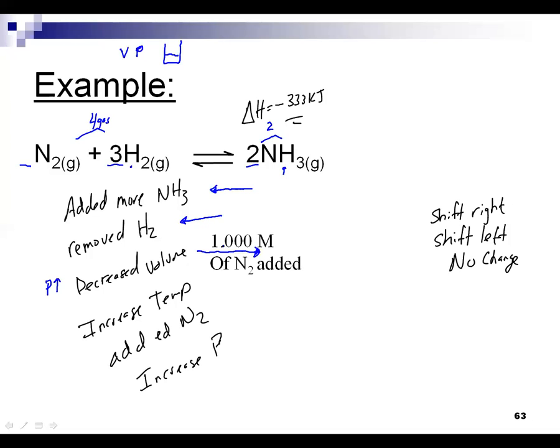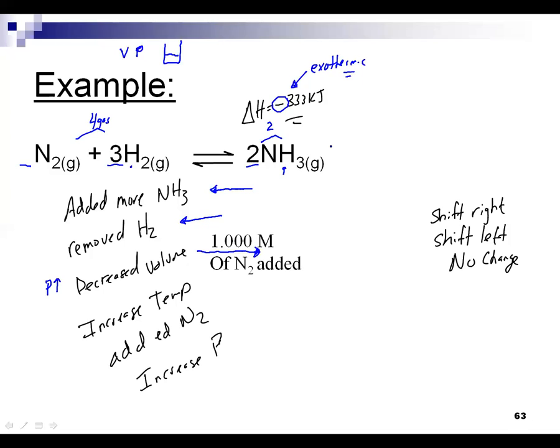Now we're increasing the temperature. So remember, temperature works the same way as concentration. If you increase or add, it will go away. If you decrease or remove, it will go towards. So what we need to determine is what type of reaction this is. And we could do that from our delta H value. It doesn't matter the number. I see a negative that tells me exothermic.